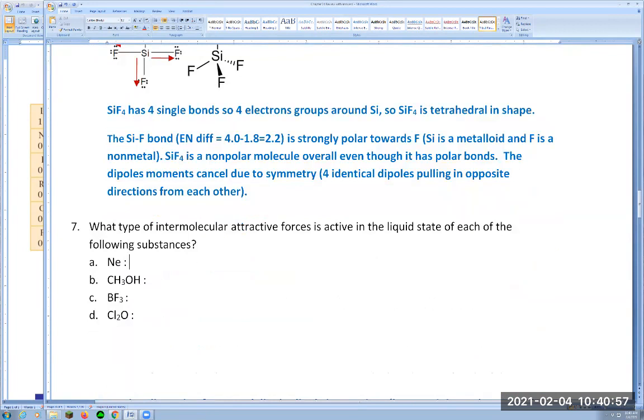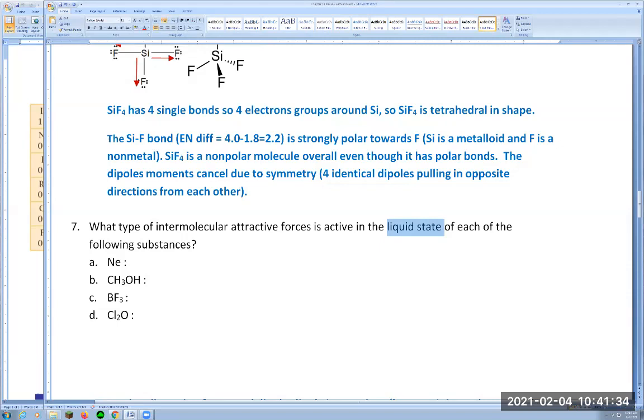So first there is neon, but neon is a single atom. It's the noble gas neon, in group 8A, and we know it's roaming around by itself, as single atoms. So what are the intermolecular attractive forces between atoms of neon? Well, sorry, it says here in the liquid state, because in the gas phase, we know that intermolecular attractive forces are not active, and that's why atoms are free from each other in the gas phase.